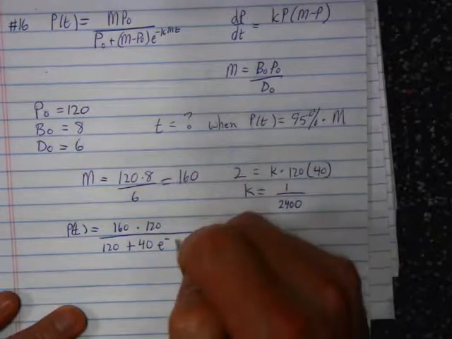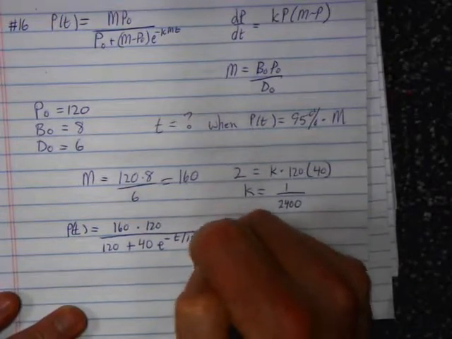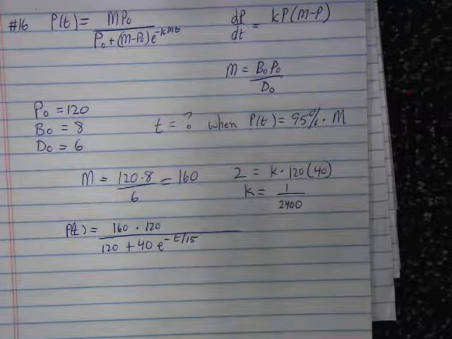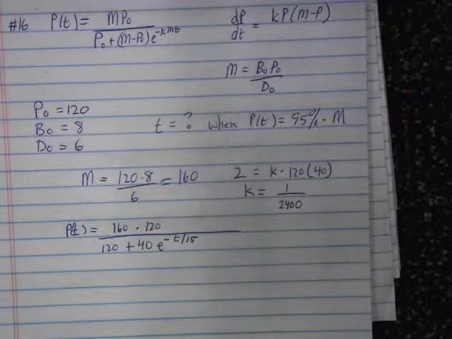I got negative t over 15. I got 1/15 for that. All right, so there's my solution to my equation.